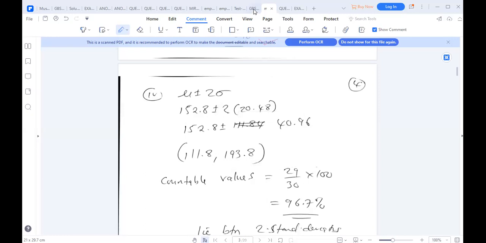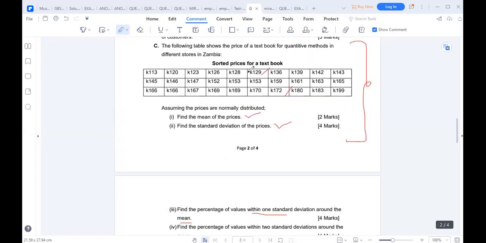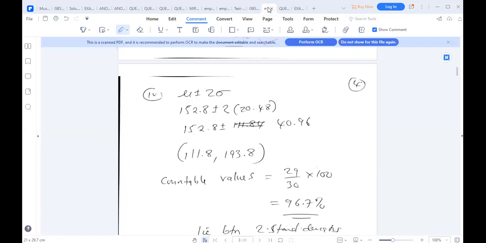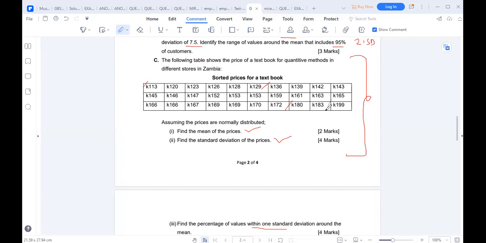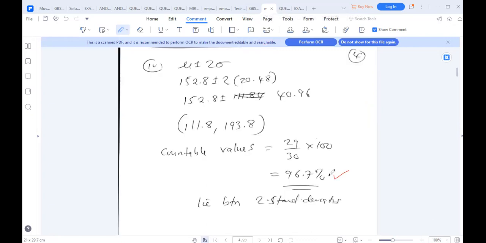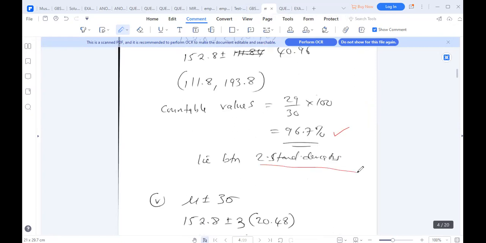So when you count them, all of them are included except the 199. So we're going to have 29 out of 30. When you divide that, you're going to get 96.7%. So these are the ones that lie within two standard deviations.